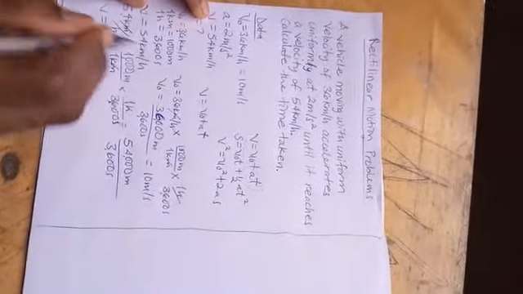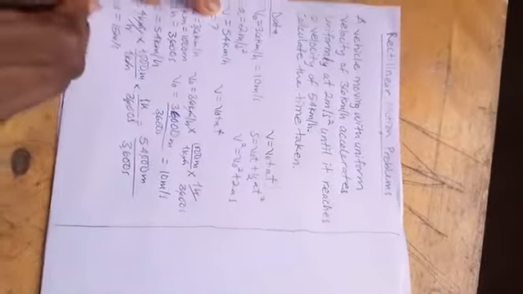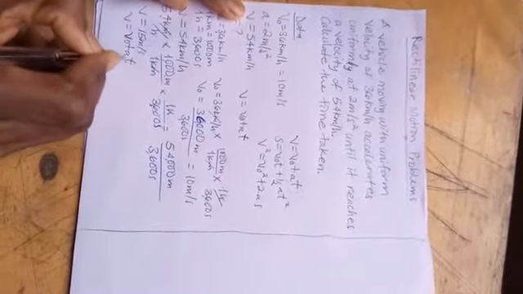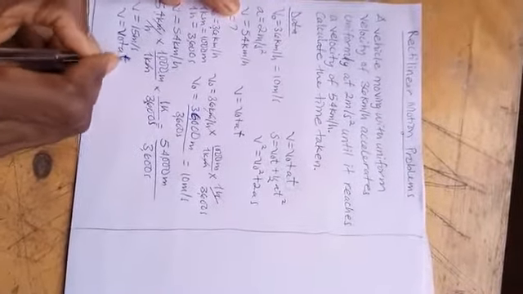Now we come to our equation that says v is equal to v naught plus at. In this equation, we want to find t, which is the time.